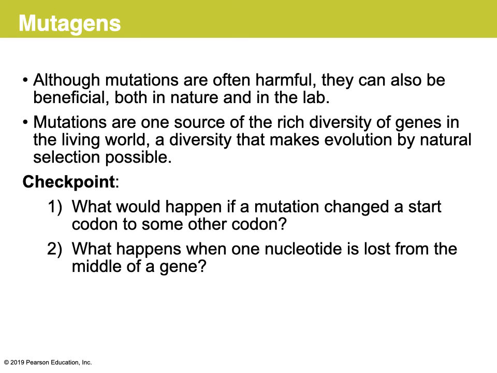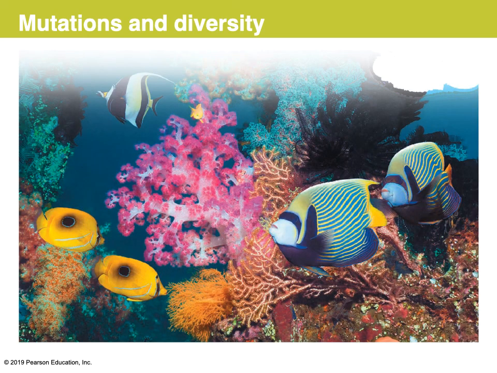If you have different forms, then evolution by natural selection is possible, right? If everything was genetically identical, then natural selection, in essence choosing the best genetic setup, wouldn't be taking place. So if you look at some of the variety out there, things like these tropical fish, the patterns and the colors, okay, all of that variation comes from mutations in individuals.